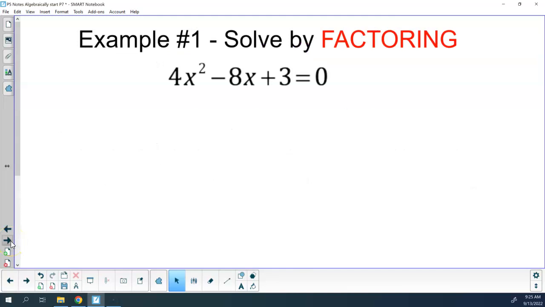Okay, we want to solve this by factoring. Okay? Now, there are many different methods to factoring. There's the X method. I probably learned that one back in Algebra 1. The reason I say that is because I just walked past the Algebra 1 classroom and they were doing the basics, the start of the boxes and the X's and all that stuff.